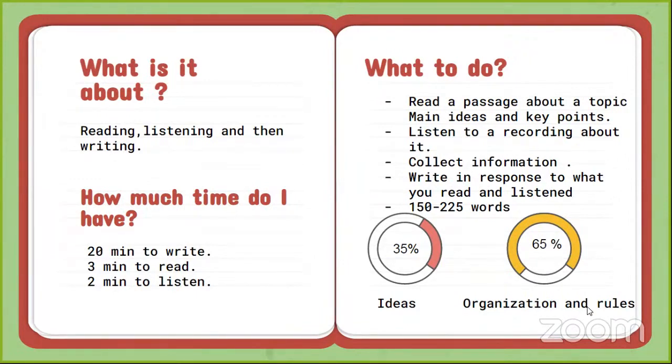What are rules? The rules that you know about the language. Vocabulary, grammar, sentence structure, time tenses, all those things are related to the knowledge you have about the language, English in this case. So consider that as well.